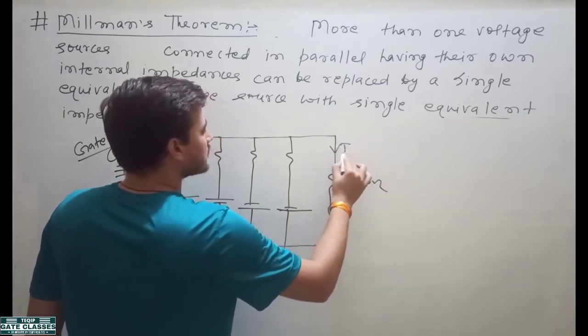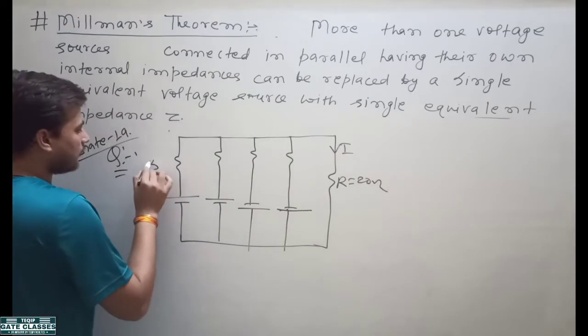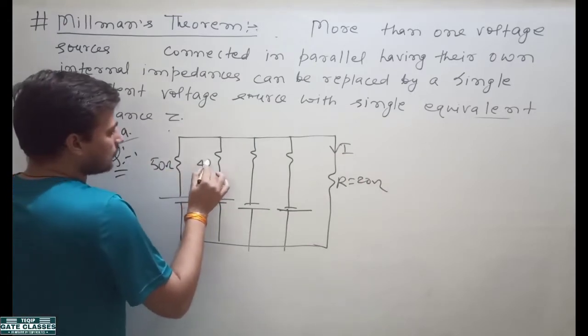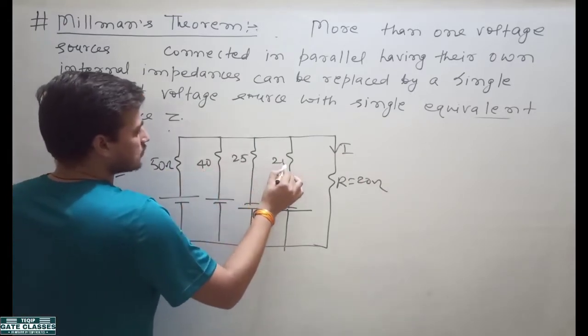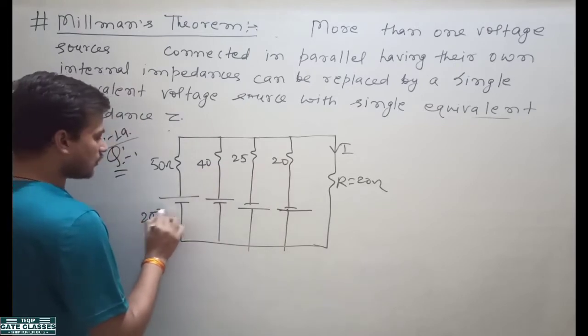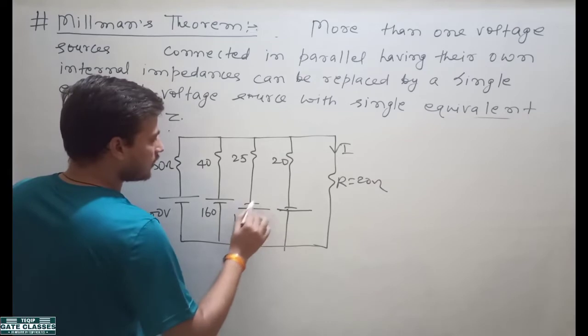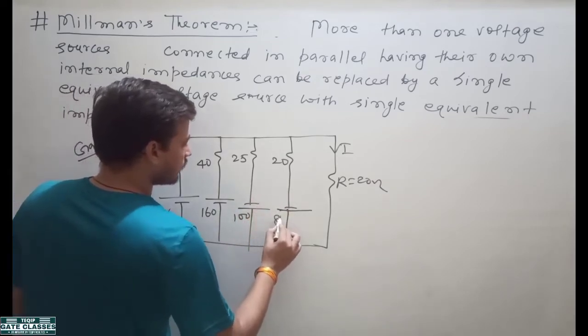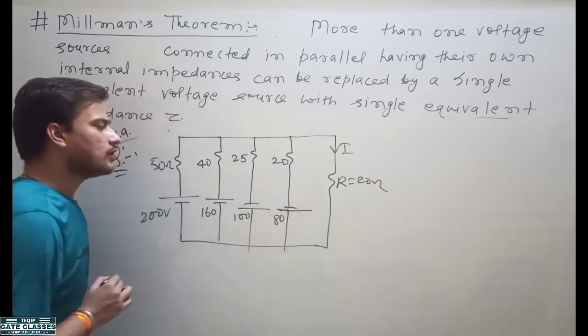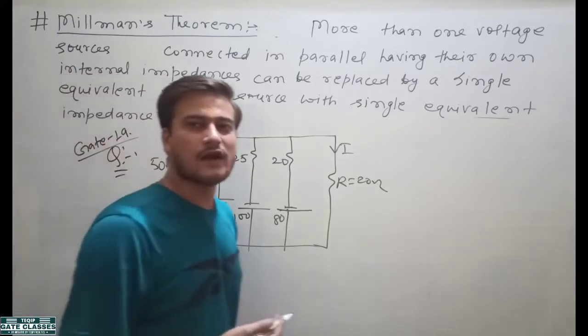You have to find this current I. Here it is 50 ohm, 40 ohm, 25 ohm, it is 20 ohm. Here it is 200, 160 volt. Here it is 100. Here it is 80 volt. You have to find the value of current I.